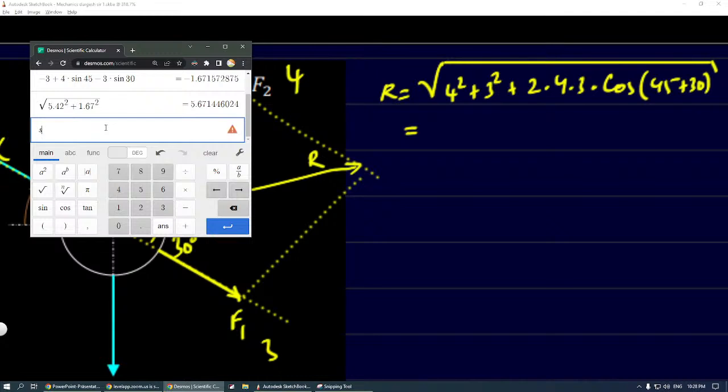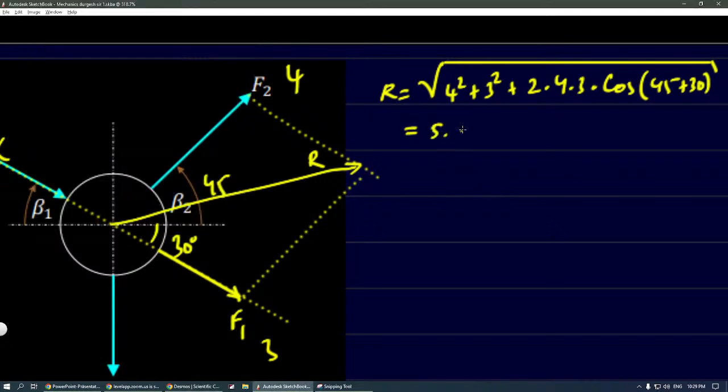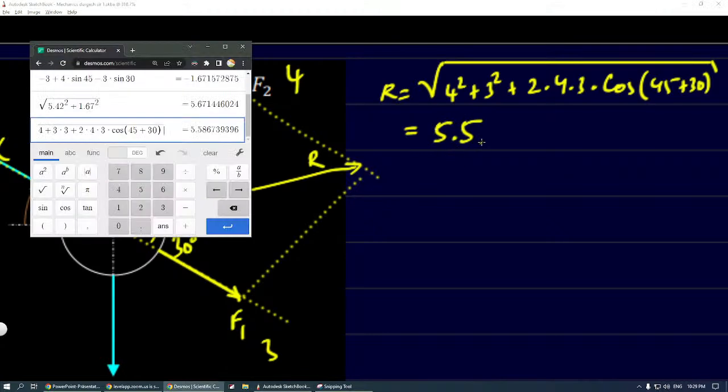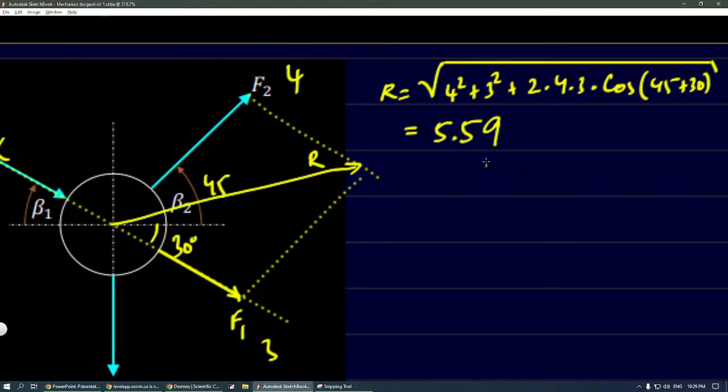Let's do this first. 4 into 4 plus 3 into 3 plus 2 into 4 into 3 into cos 75. How much? 5.586, so about 5.9. So this is the magnitude.